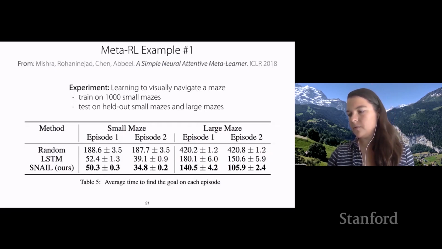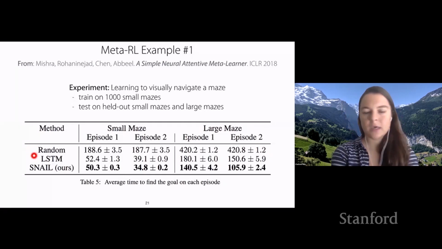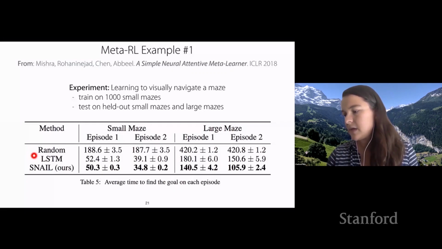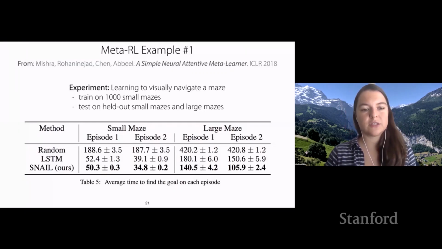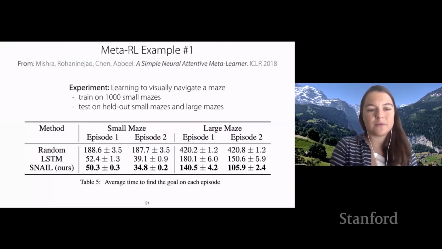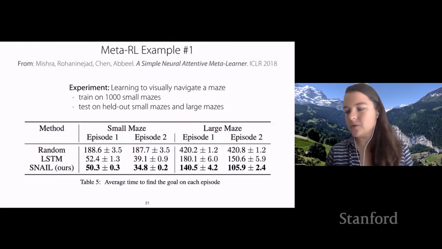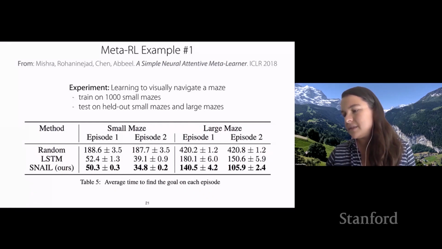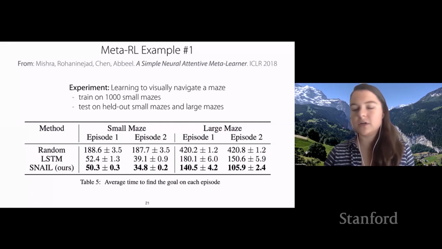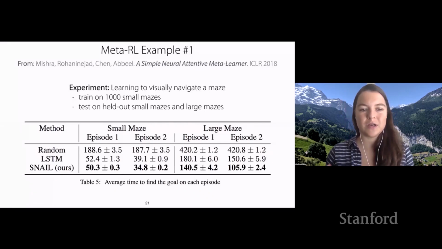This up here is just showing a random policy. First, you can see that the time to find the goal decreases from episode 1 to episode 2, which suggests that it's able to learn from episode 1 to more quickly find the goal. And second, they find that this attention-based architecture is better able to learn from data than an LSTM.